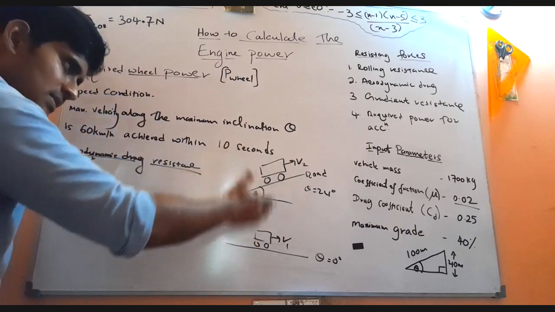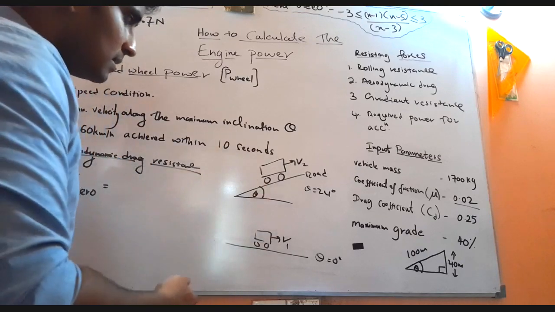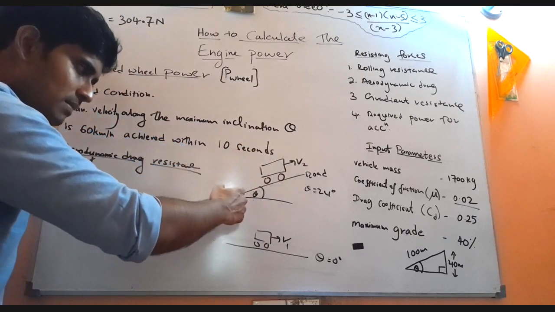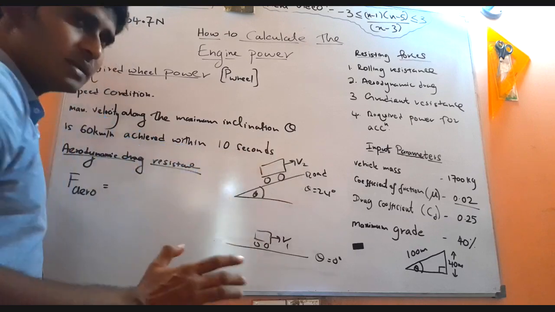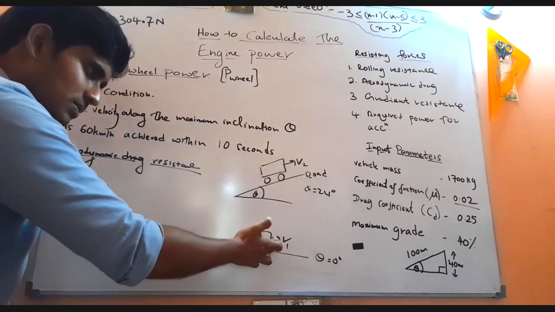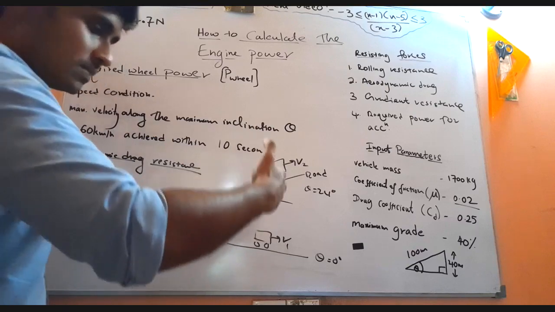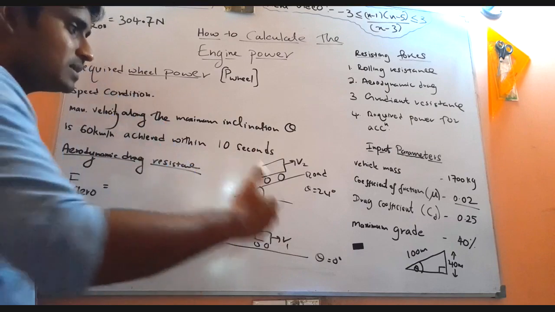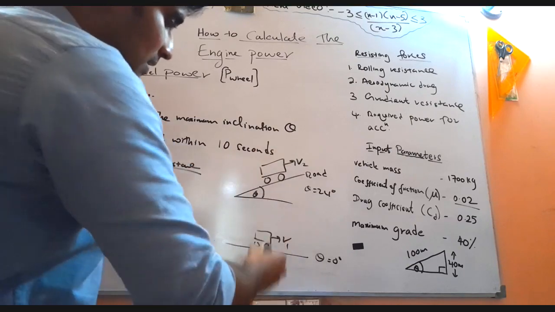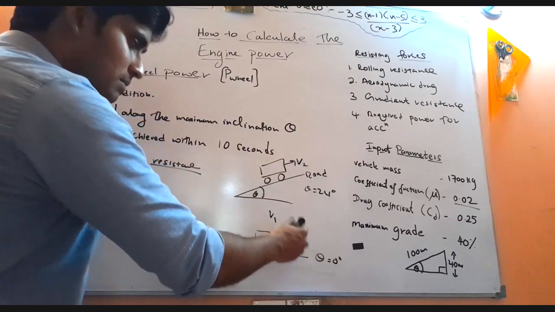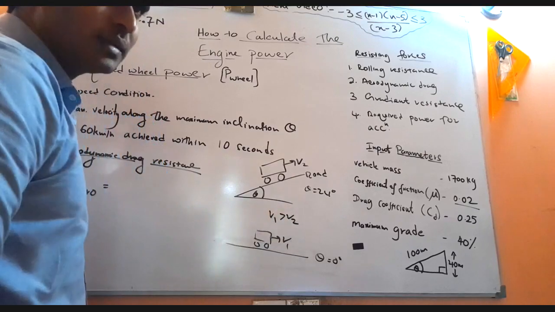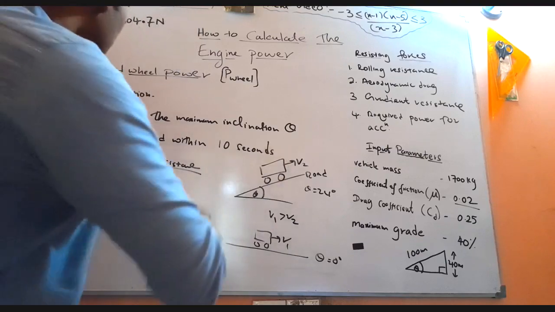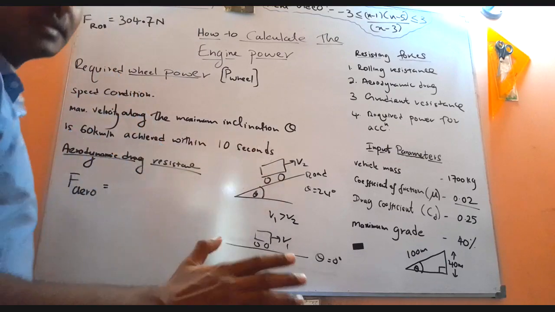So for the same design power, what can you say about the maximum velocity attained during the maximum inclination and when there is no inclination? Definitely the velocity v1 here must be greater than v2. That means along the maximum grade, the maximum velocity attained by the vehicle is limited.